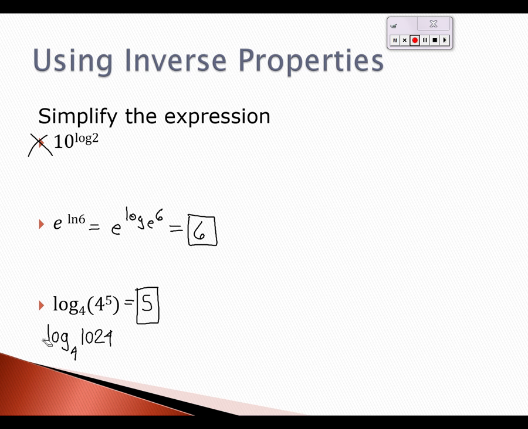I've basically given you the answer, haven't I? Or if I say, hey, what would I have to raise 4 to get 4 to the 5th? Well, of course the answer is 5. It's almost not even worth saying. So I know this looks complicated. These rules both look kind of terrible, but really, they're not saying something very profound.